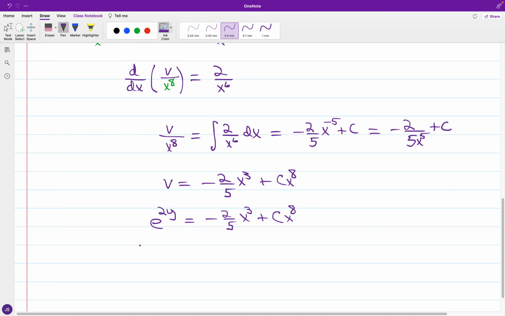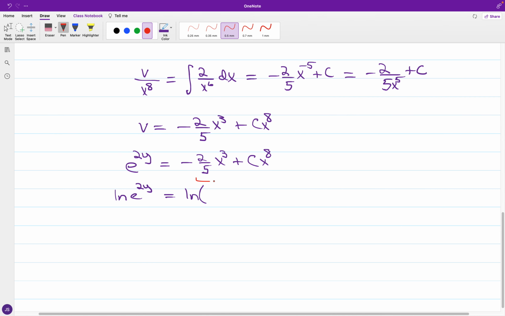If I take the natural logarithm of both sides, we're going to have that 2y is equal to the natural logarithm of negative 2/5 of x cubed plus c times x to the 8th.